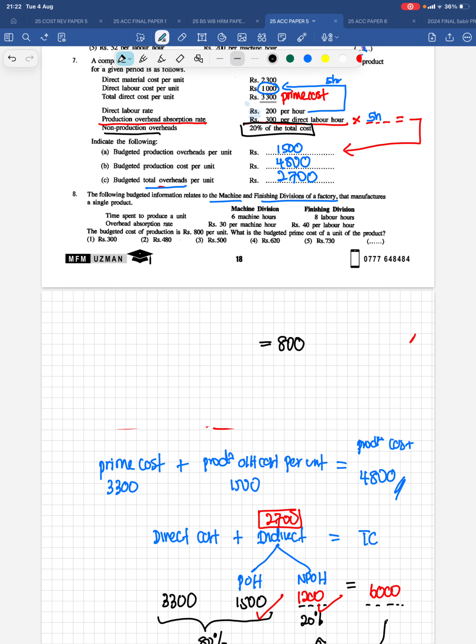What is the budgeted prime cost? This is equal to prime cost plus production overhead, so the production overhead should be found to get the prime cost. The clue they have given is that this is 800.